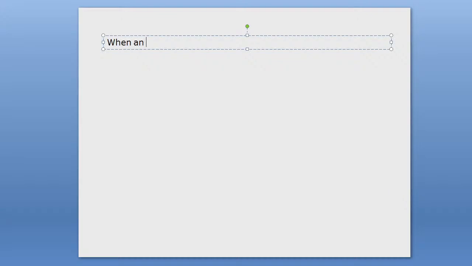Okay, the next question is when an inductor acts as a short circuited element. Write the condition actually.